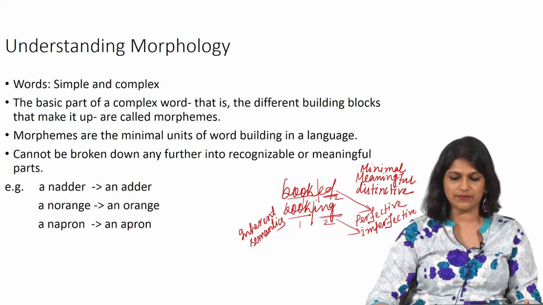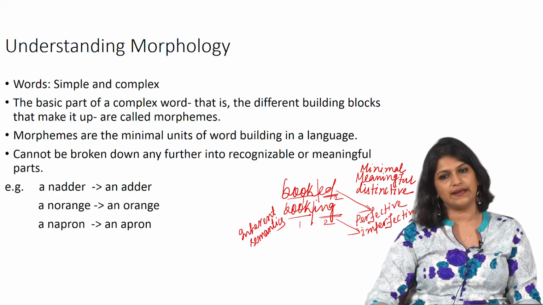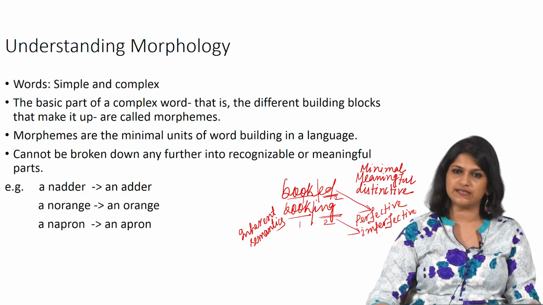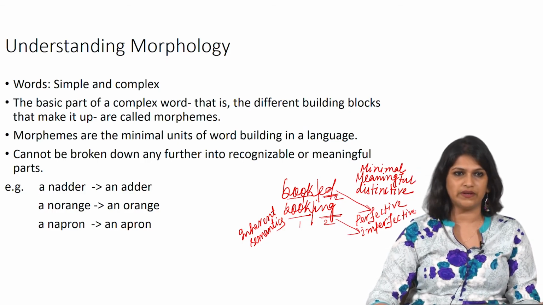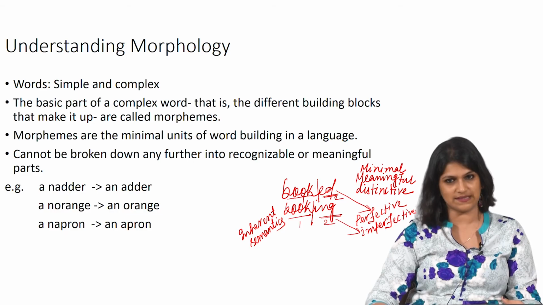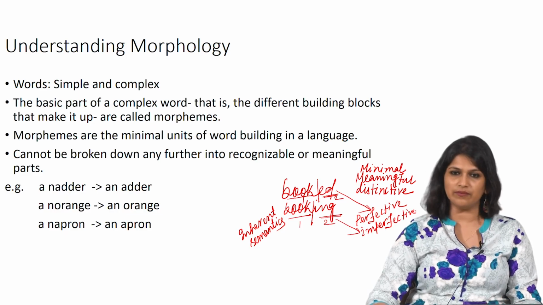So, in this case we realize that -ed and -ing are similar kinds of morphemes, and book is a different kind of morpheme, just like tree and -s. When we were analyzing trees, tree was a free morpheme and -s was a bound morpheme. That is what we discussed, isn't it? Why is tree a free morpheme? Because it can stand independently. Why is -s a bound morpheme?